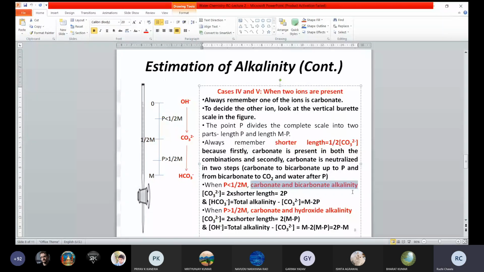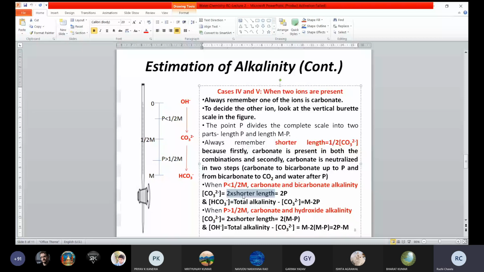And how can you work out the concentration of the two ions? See, from the same trick, carbonate strength will be given by twice the shorter length. So what is the shorter length in magnitude starting from 0 ending at P? It's P. So carbonate will be given by 2P. And what about bicarbonate?